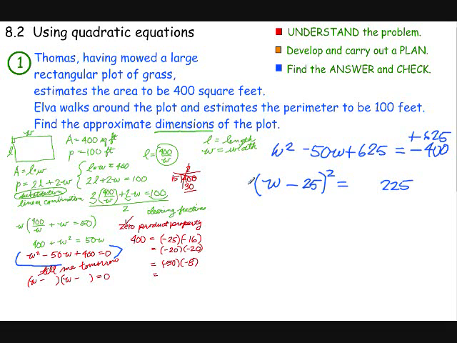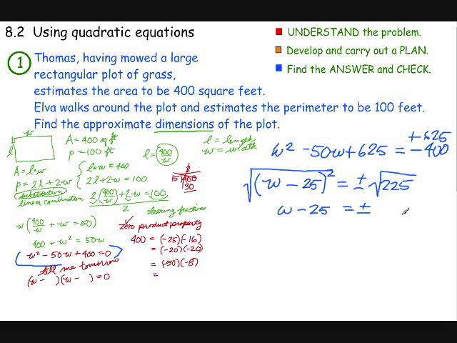I take the square root of both. This will be plus or minus. And I get W minus 25 equals plus or minus.